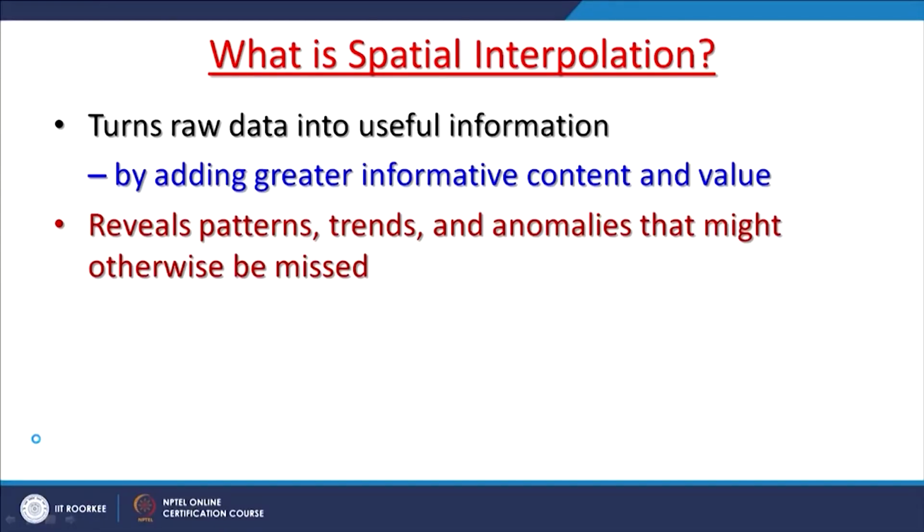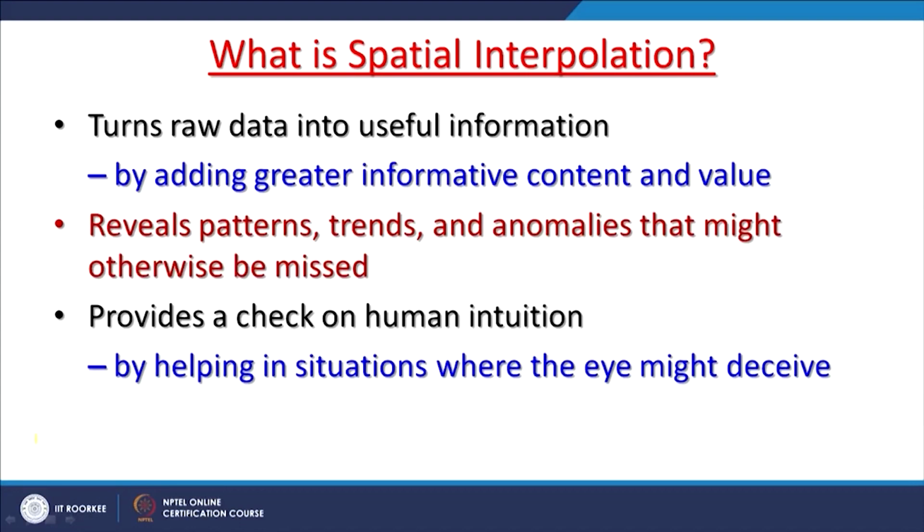There might be lows or highs or anomalies in any data set which might be initially in the point data. After converting through spatial interpolation into a surface, we can detect anomalies, we can mask other areas, we can use the anomalous area only. So, a lot of usefulness of spatial interpolation is there.